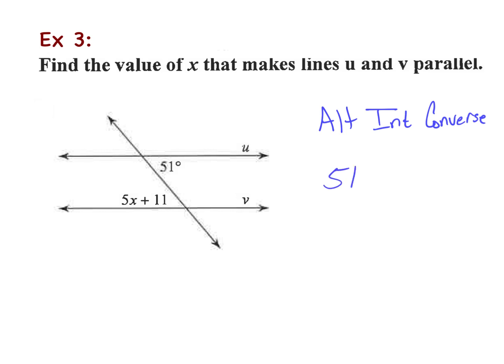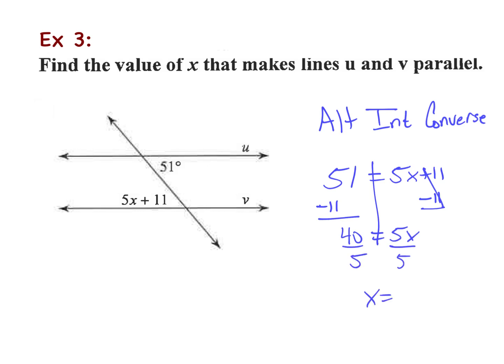We have 51 equals 5x plus 11 because they're congruent with each other, right? Then solve for x. Subtract 11, I heard. 51 minus 11 is 40. Then what? And what's x equal? And that's it.